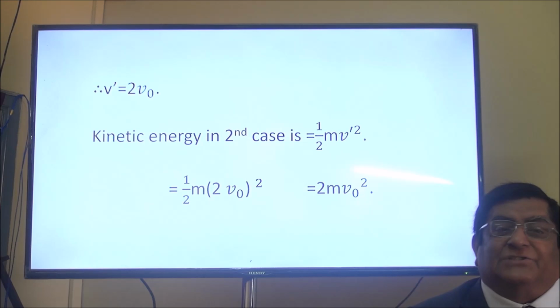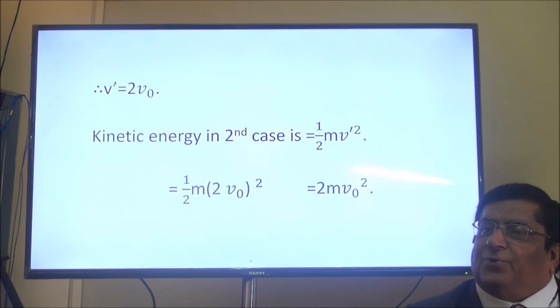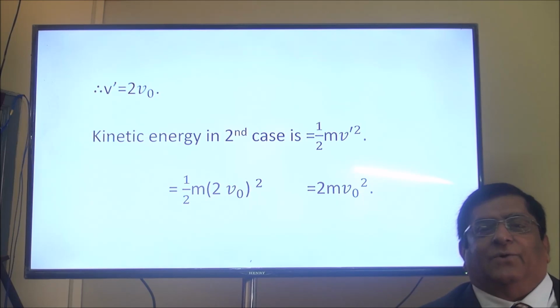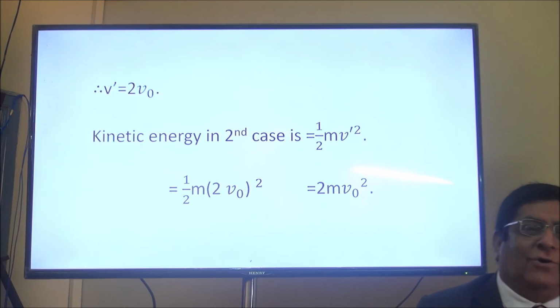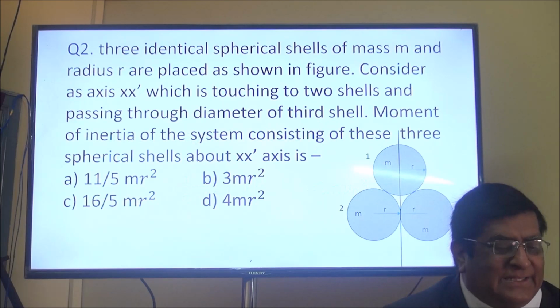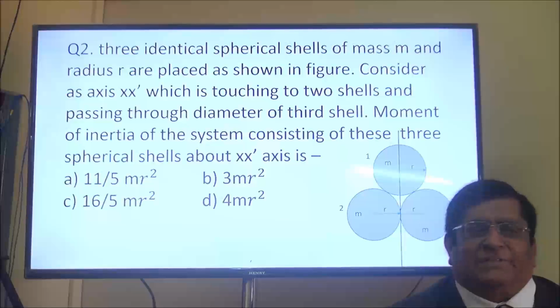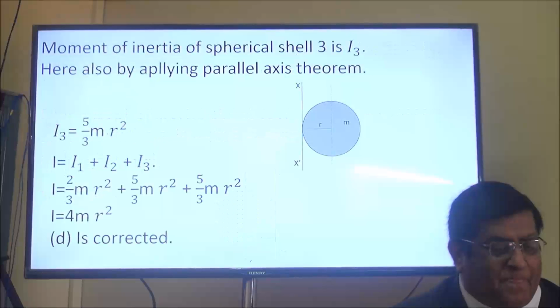And if r decreases 3 times? 9 times. And if r decreases 4 times? 16 times. Okay. Now you surely remember this. Right? Okay. We go to the next question. This we have already done. We have discussed it in detail. So we go to the next question.